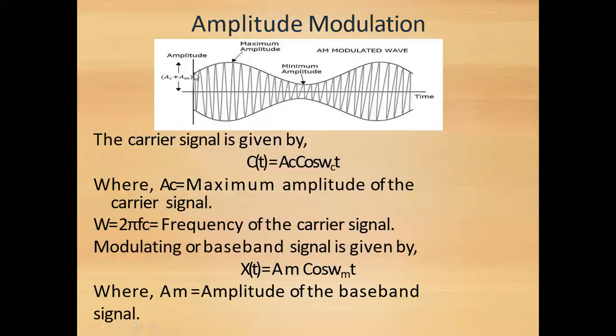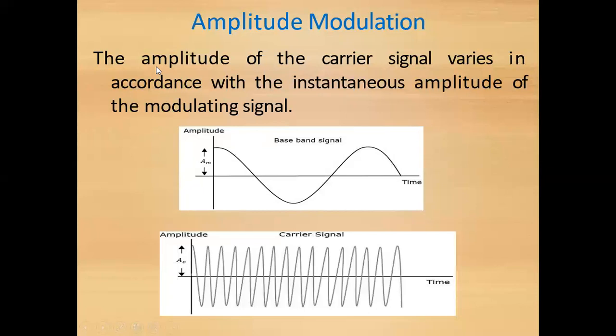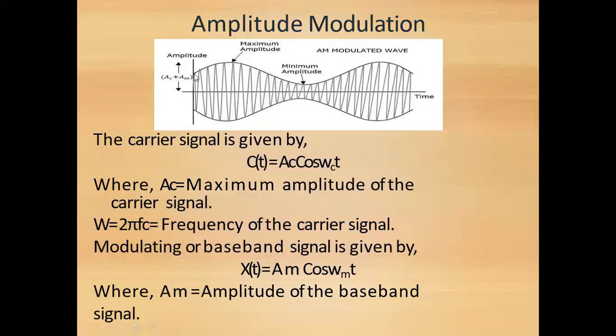But what is happening here? The amplitude of that waveform is varied. It is varying. So if you see the definition, the amplitude of the carrier signal varies in accordance with the instantaneous amplitude of the modulating signal. So this is your modulating signal. Here if you join the peak amplitudes of this output, then you can observe the input waveform. It is looking like your input message signal.